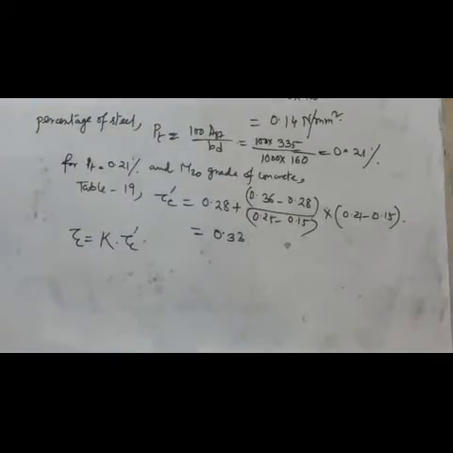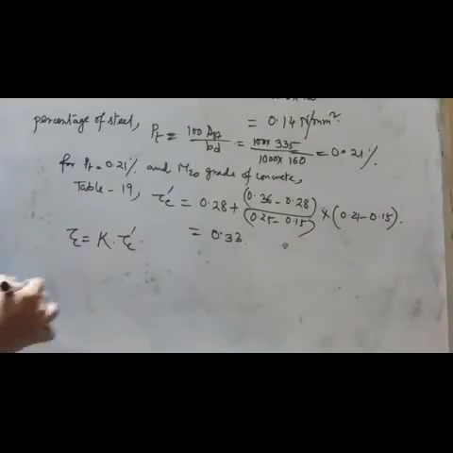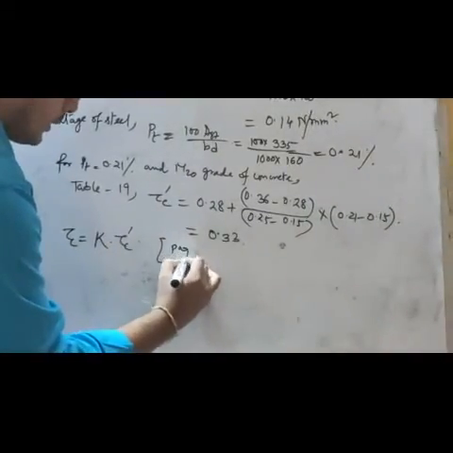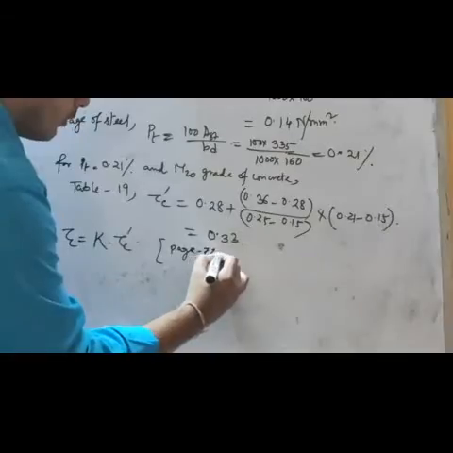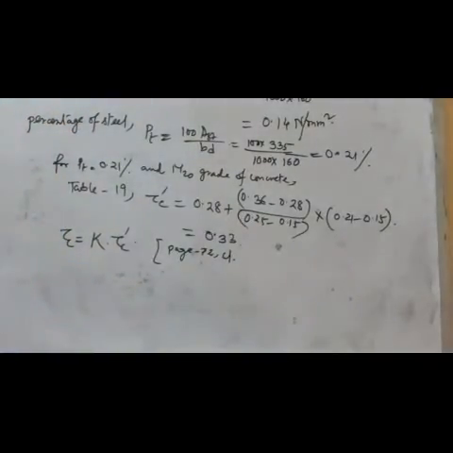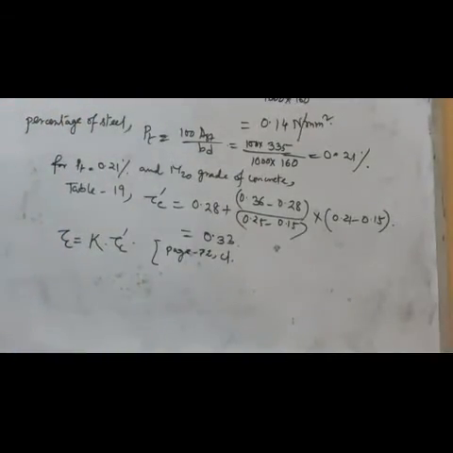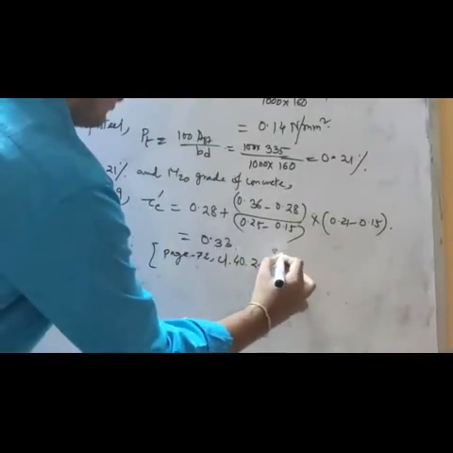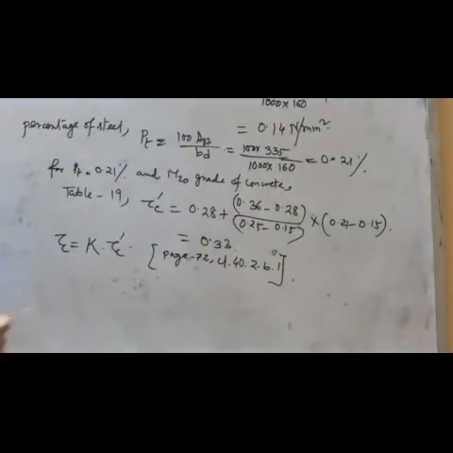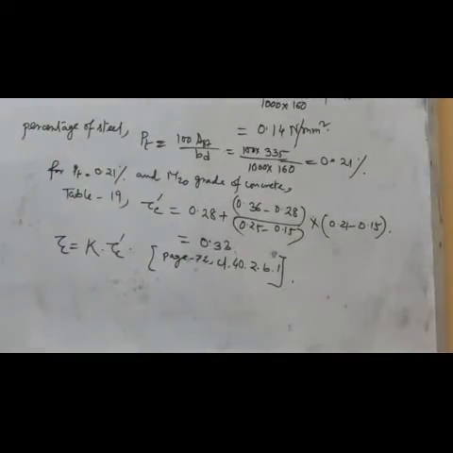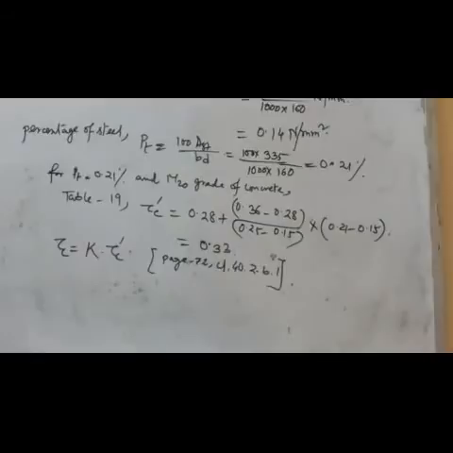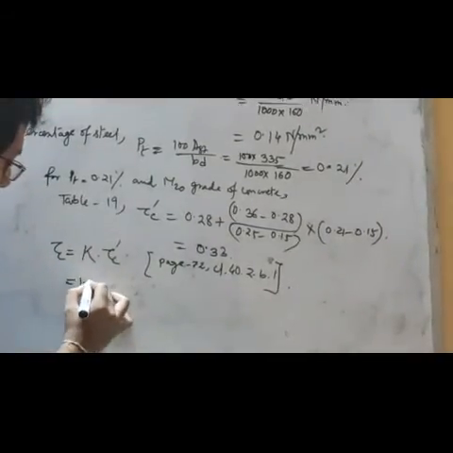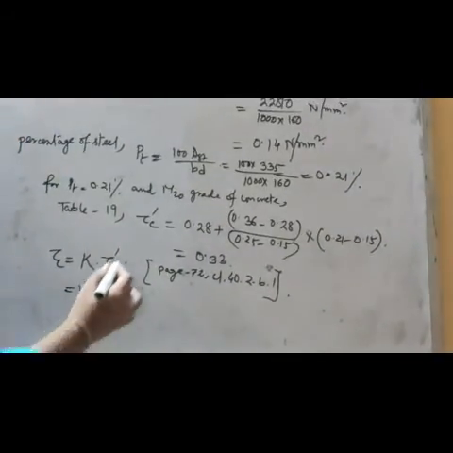This k is called the enhancement factor, which you will get from page number 72, clause number 40.2.1.1. By this you will get the value of k, and this value is 1.24 for this case.